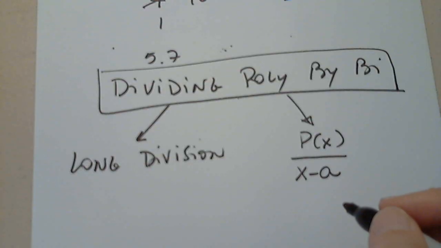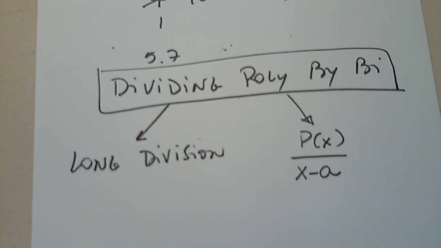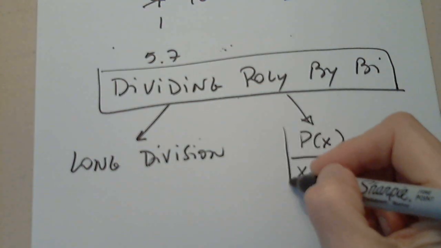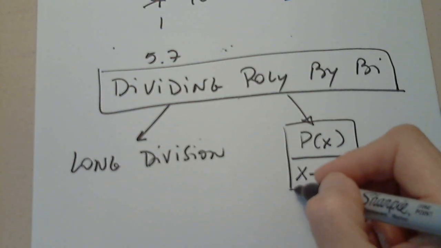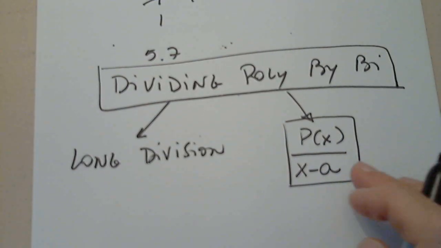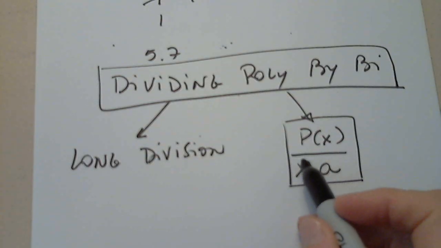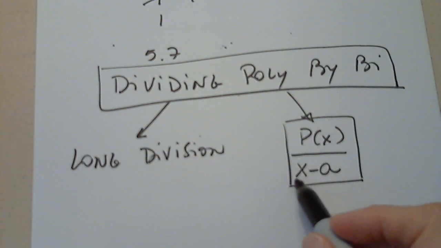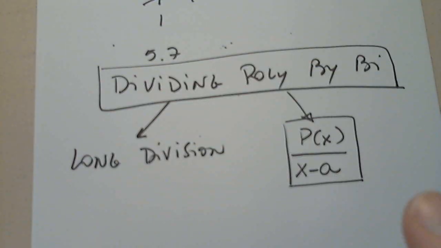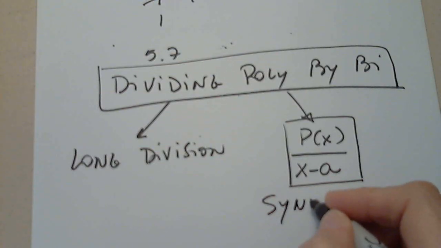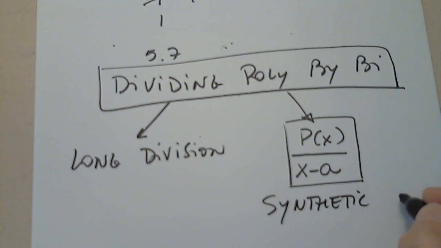Okay? It works only in this situation. If we have x squared plus, it doesn't work. It has to be a binomial that has degree 1. It's called synthetic division.